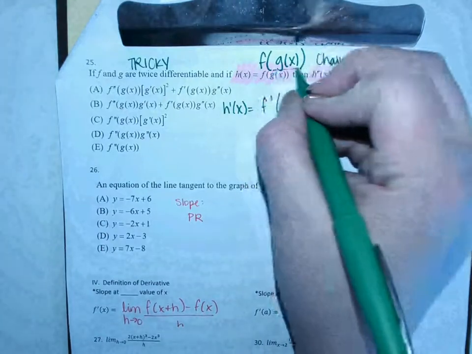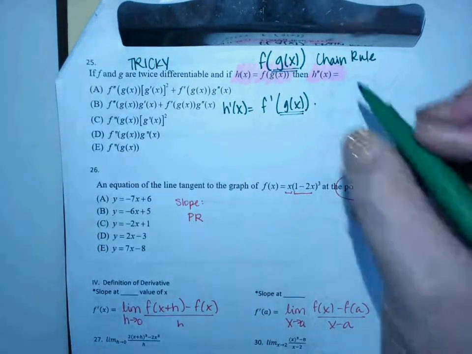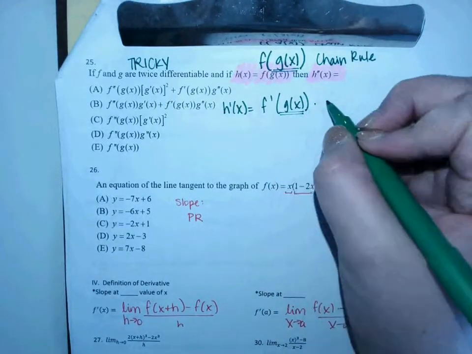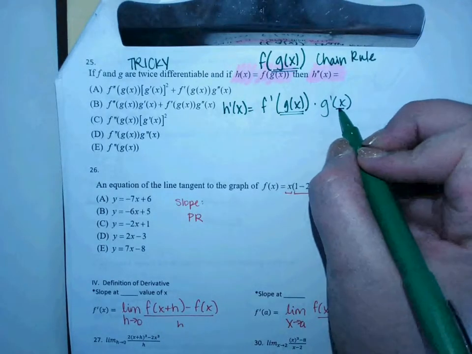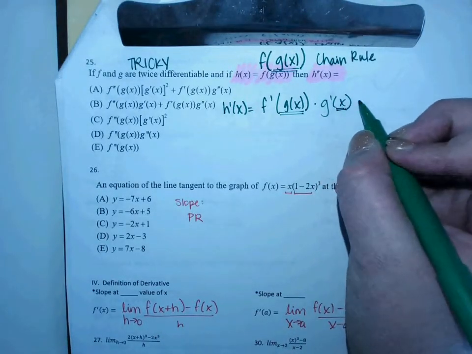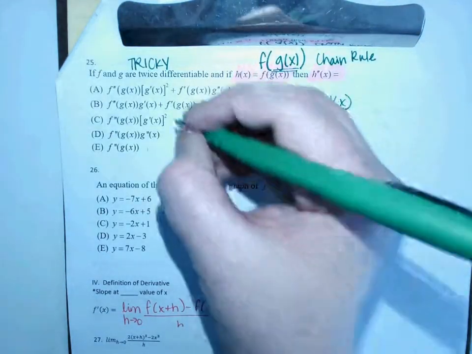So my g of x from here is my g of x here, but then I need to multiply by the derivative of that, and the derivative of g of x is g prime. Now, if you wanted to go one more layer, there is an x inside that, but the derivative of x is really a times 1, so I'm not even going to put it. Okay, this is h prime.